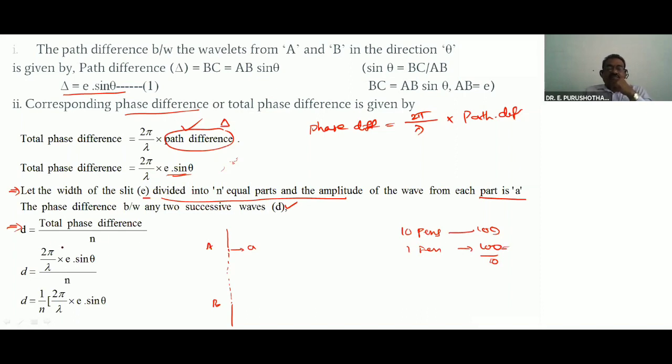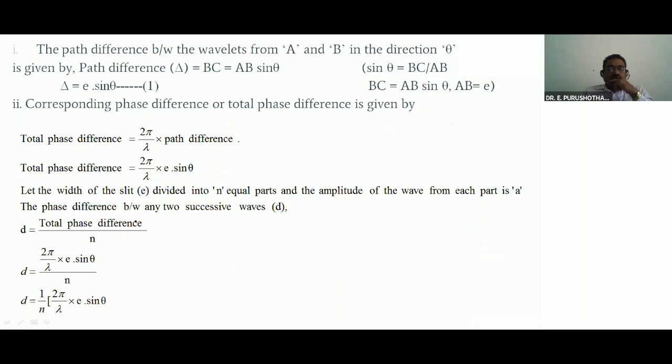Here d is the phase difference between any two successive waves, that is equal to the total phase difference divided by small n. So what about the value of the total phase difference?